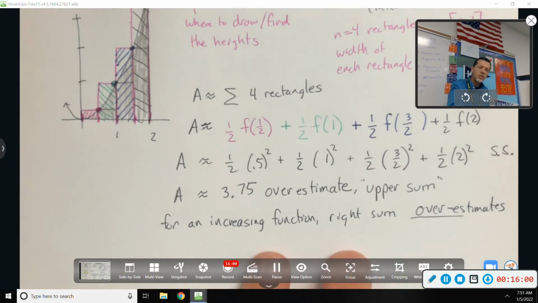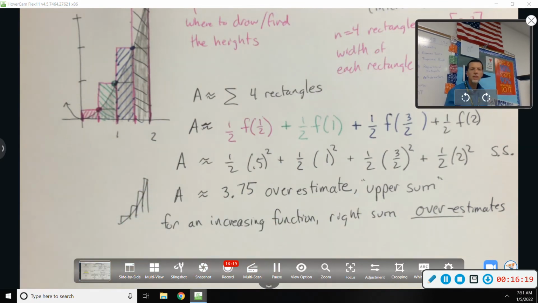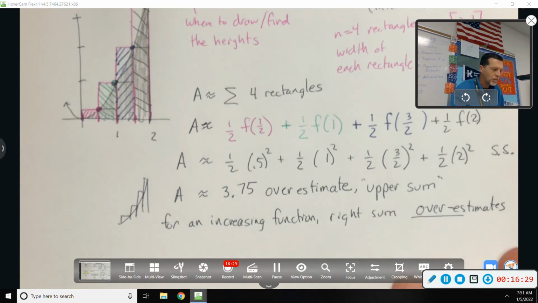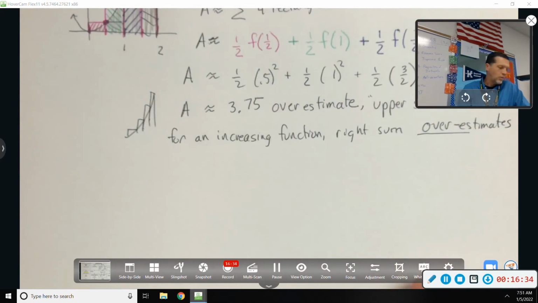But don't memorize that, because there's like 4 different ways I can ask that question, and then you get confused in your memorizing. So if you see a question like that, draw a little picture and think about what's happening. There's an increasing function. If I come from the right each time, that's going to be an overestimation. The other combinations would be for a decreasing function and for a left sum. You can combine all those and you end up with over or underestimates, but don't memorize that. Just figure it out when you need it.